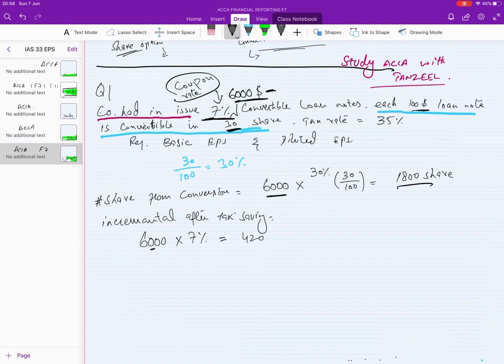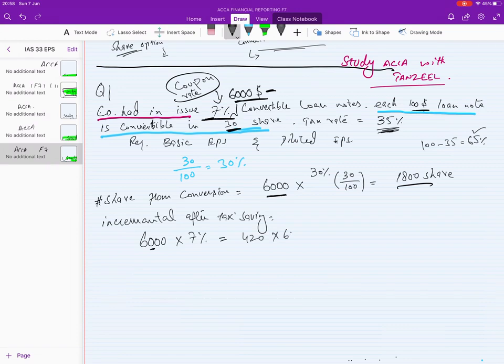Now this 420 will not come to you 100%, you don't own all of it, so you have to pay tax on it. So 35% you will pay in tax. If you take 100 minus 35, it means 65% comes to you.